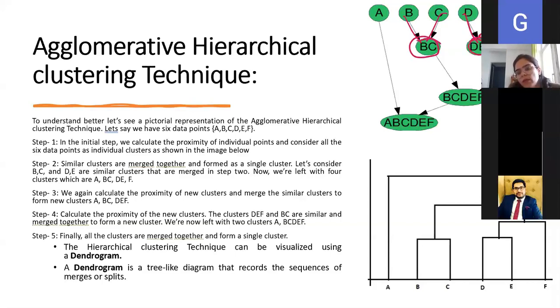Then after that it again computes the distance. Once the clusters are formed, it again computes the distance. Now, which new clusters do we have at this level? How many new clusters do we have? This, and this, right?